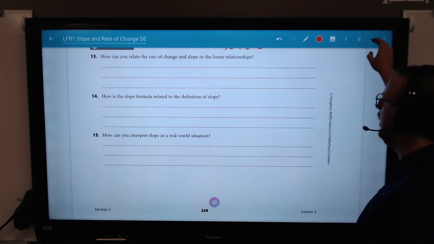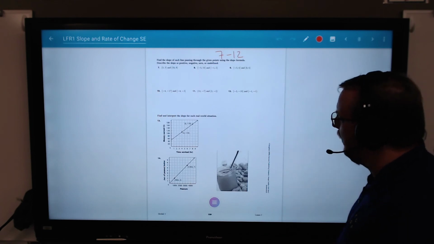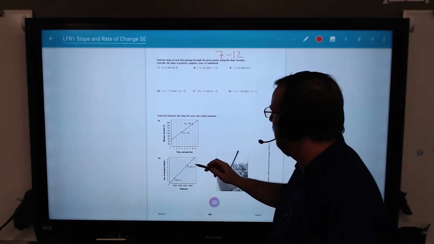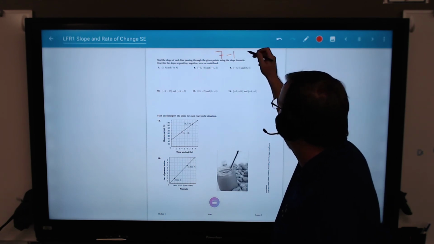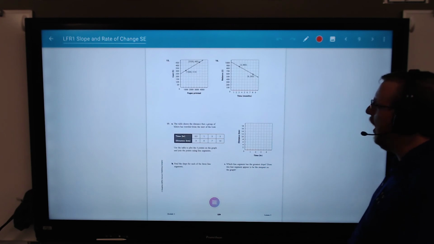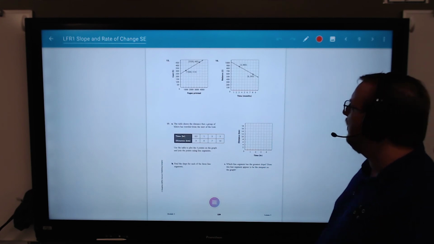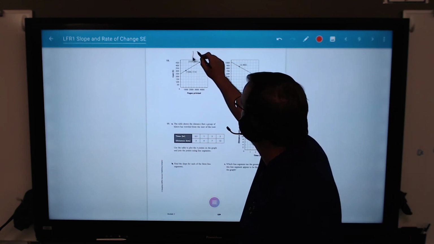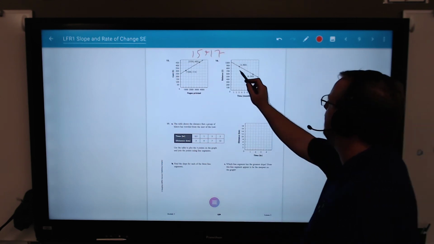I had already assigned 1 through 6 on this page, 7 through 12 on this page. Now we can start knocking these out. Let's go ahead and do 13 and 14 also. So we're going to do 7 through 14 now. On this page, let's do 15 and 17. You can do 16 if you get real ambitious. 15 and 17.